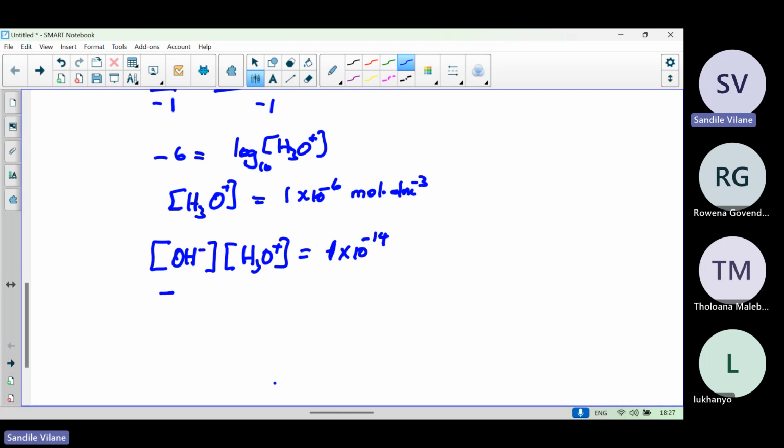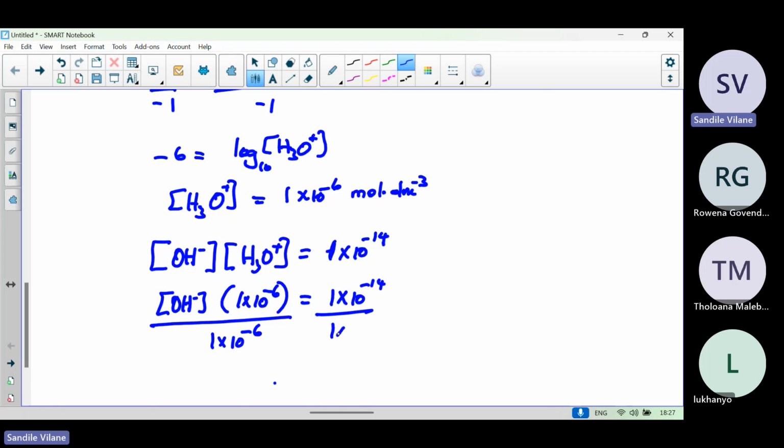So in this case, I do not know the OH minus, but I do know the H3O plus. And then when we divide both sides by 1 times 10 to the power of -6, we can easily see that this concentration is 1 times 10 to the power of -8 moles per cubic decimeter.